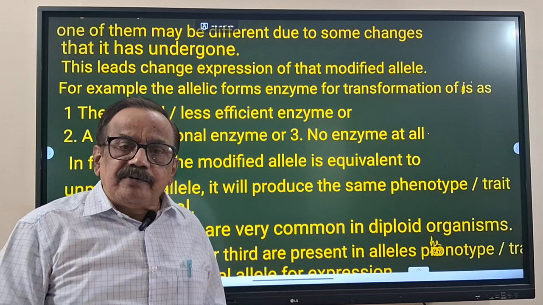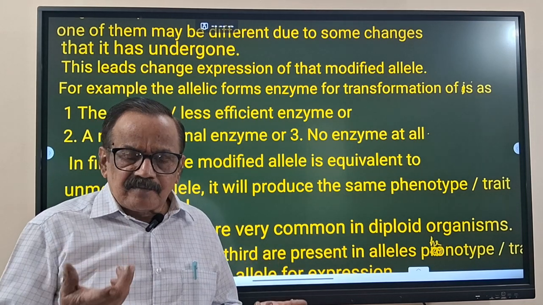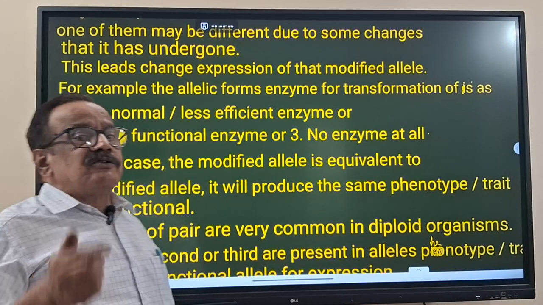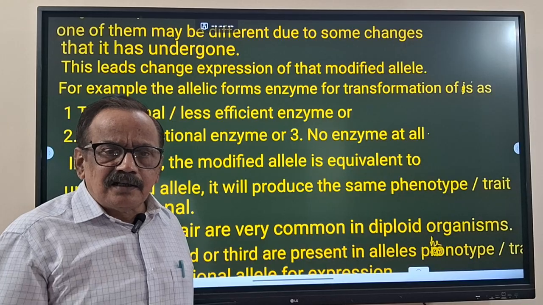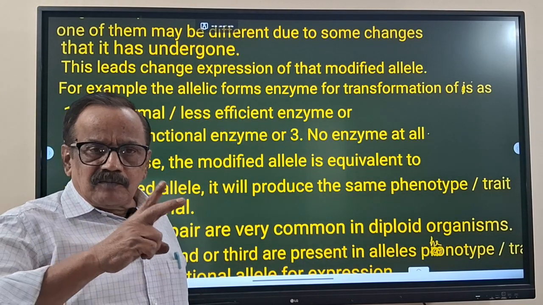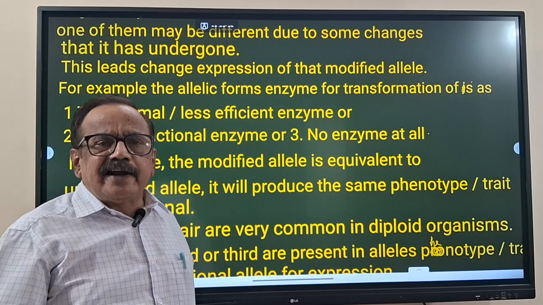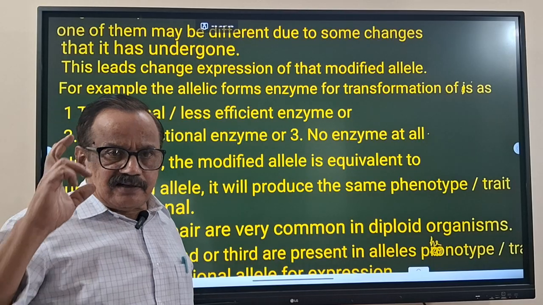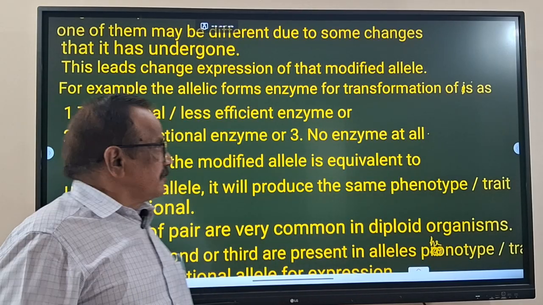That enzyme may be normal, normally producing, meaning tallness, or it is less, and if it is producing less, it is shortness. So both will be functional. Both the alleles, the modified and unmodified, will be expressed in the first case. Remember it, this is the first case.